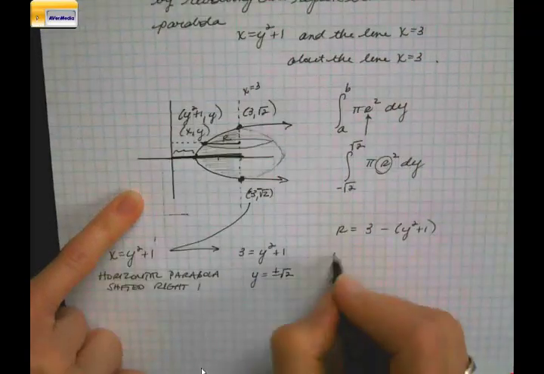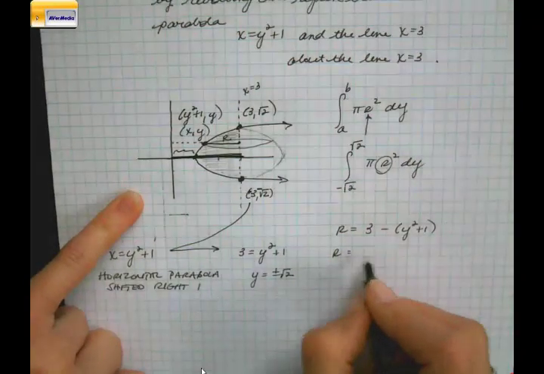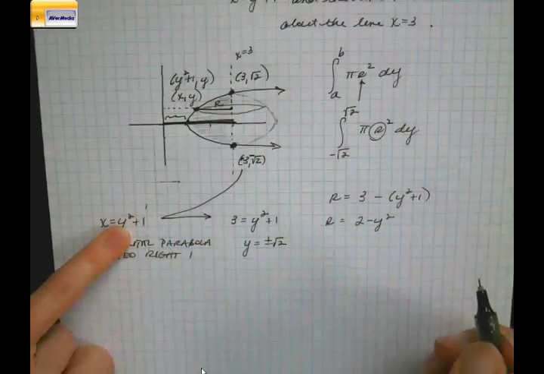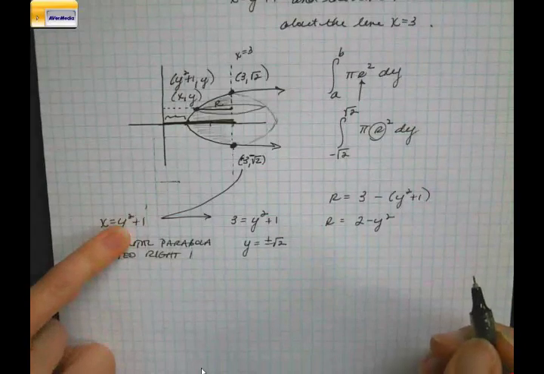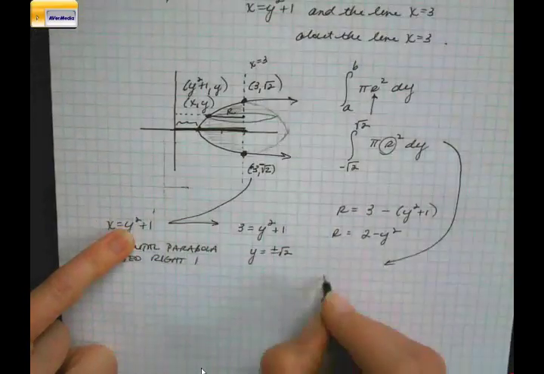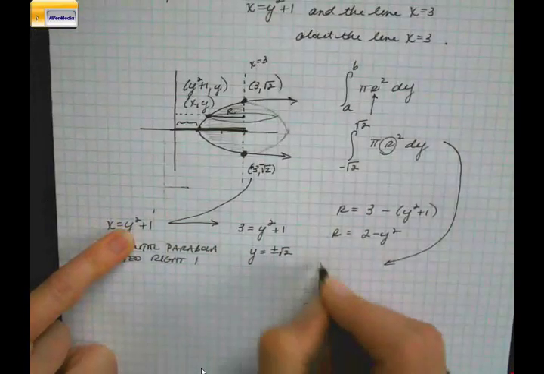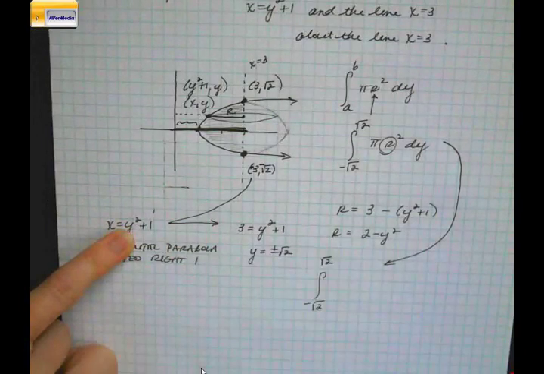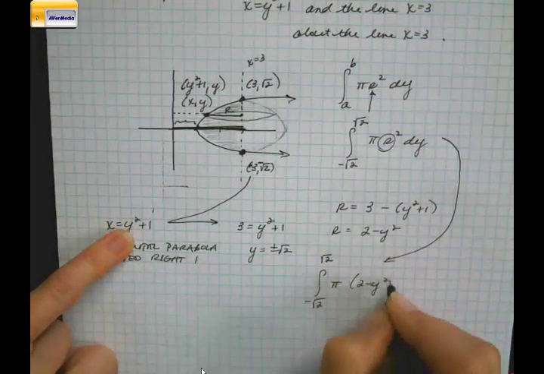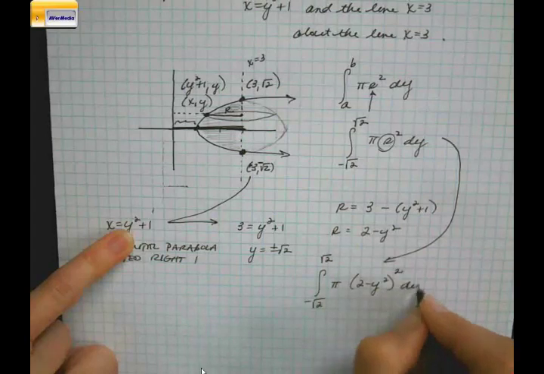So your r is 2 minus y squared. So now what you're doing is you're integrating from a negative square root of 2 to a square root of 2 of pi r squared, where r is 2 minus y squared, squared dy.